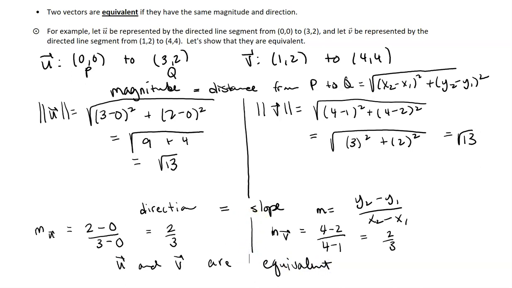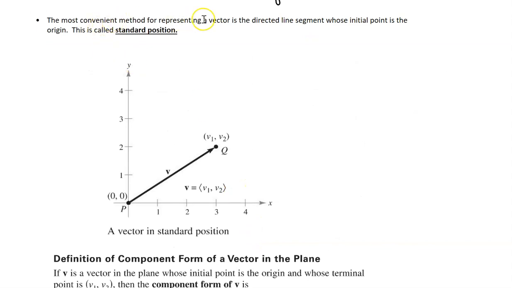There you go. The most convenient method for representing a vector is the directed line segment whose initial point is the origin. This is called the standard position. So we take that vector and we pick it up and we make P be (0, 0), and Q is whatever it would need to be relative to that. So notice that an ordered pair is written with parentheses and scalars.